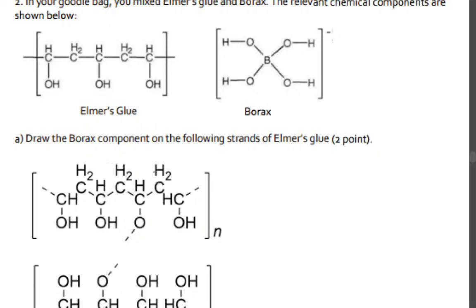So I can add in my hydrogen, and in here we got the hydrogen and the oxygen connecting to the boron, and then in here you got another hydrogen, and here you got an oxygen connecting to the hydrogen, which in here you also have an oxygen with also a hydrogen there.